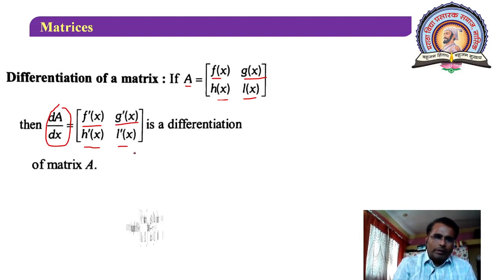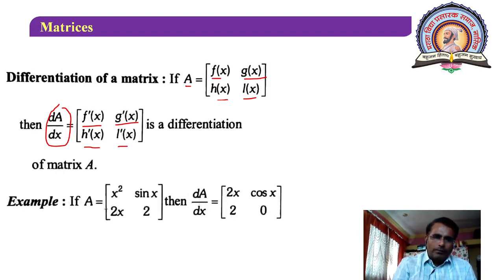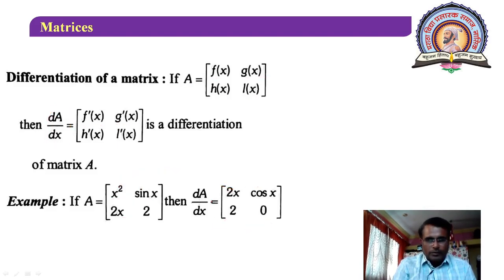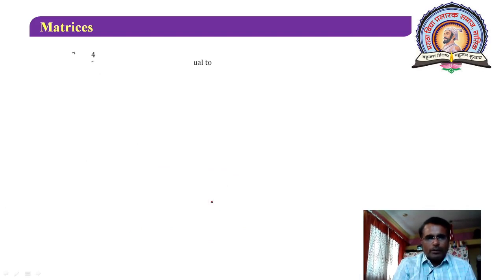With an example you will get it clear. Okay. If A is equal to x square, sin x, 2x and 2, what is the derivative of x square? It is 2x. Derivative of sin x is cos x. Derivative of 2x is 2. Derivative of 2 is 0. So, this is your dA by dx. Is that clear? This way you can consider.